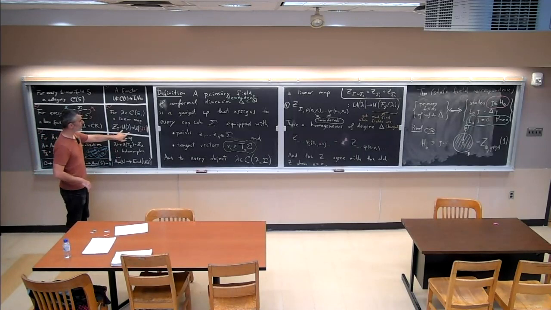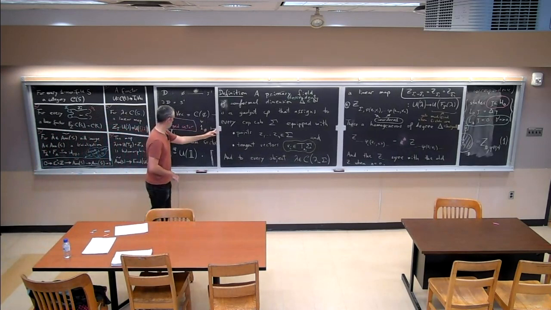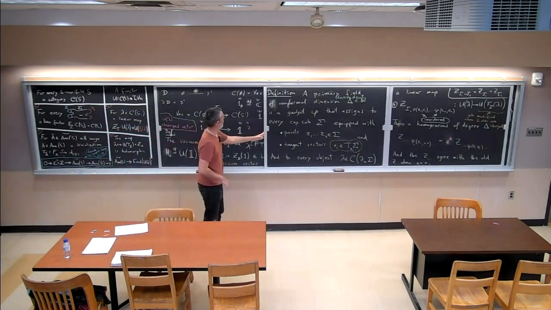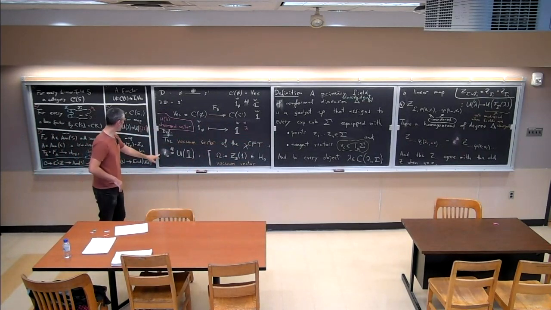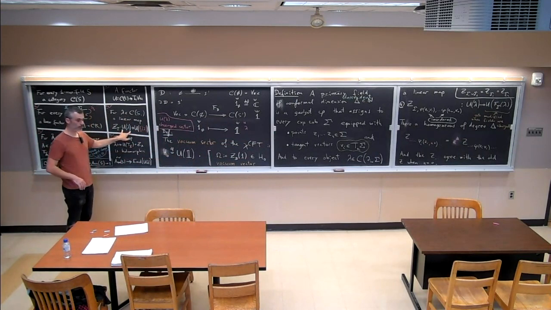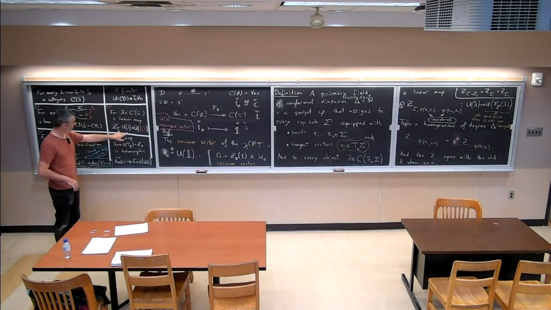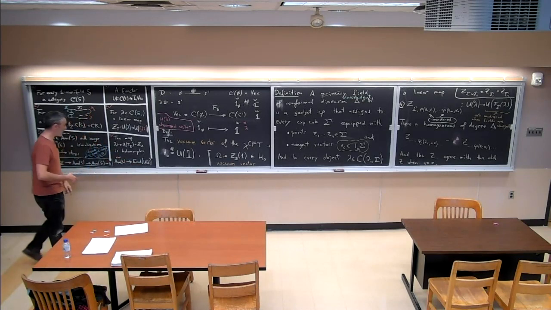H0 is the underlying vector space; H0 is a special case of this. This is H0, and that's a charge sector. And for any charge sector, for any one of those vector spaces, there's a map from the annuli to the semigroup of linear maps from that vector space to itself. So yes, it acts.